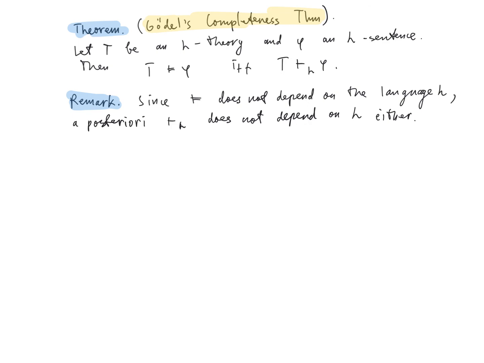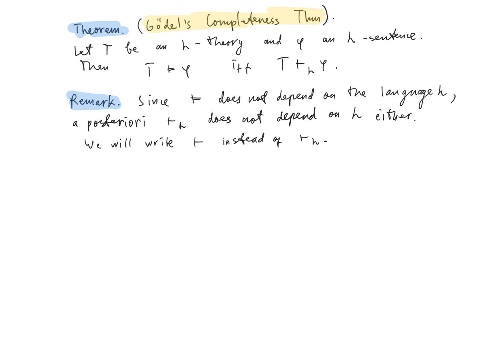So once the proof of Gödel's completeness theorem is completed, we will write simply provable without specifying the language instead of provable in L.